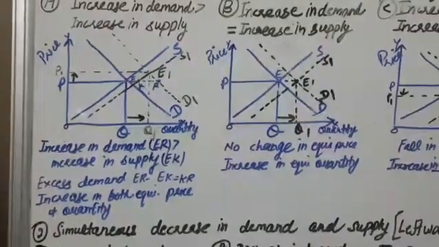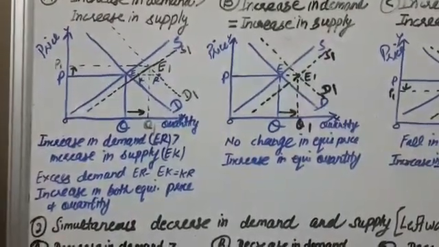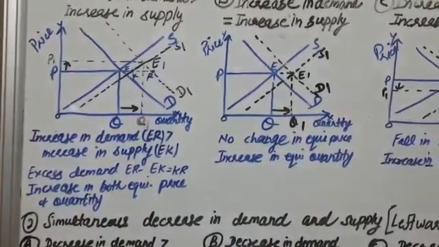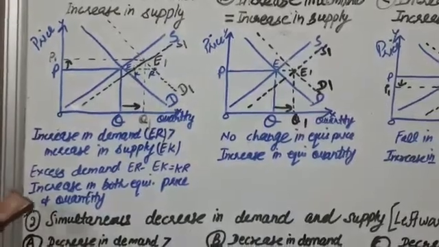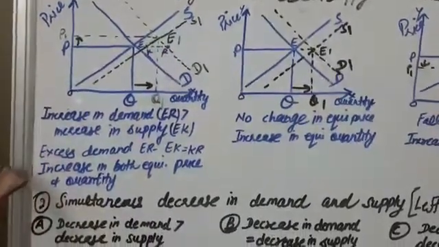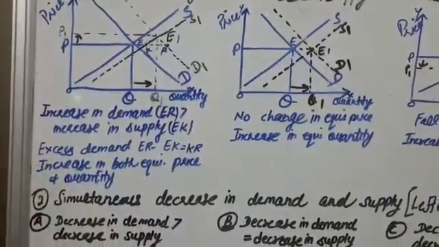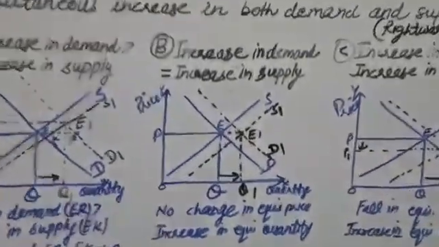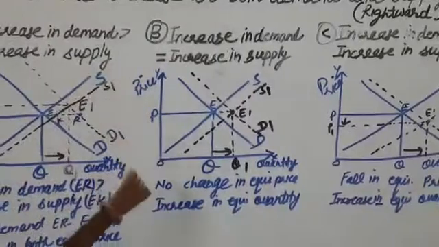So it is clear when there is increase in demand which is greater than increase in supply, there is increase in equilibrium quantity as well as increase in equilibrium price. Second situation is increase in demand is equal to increase in supply.